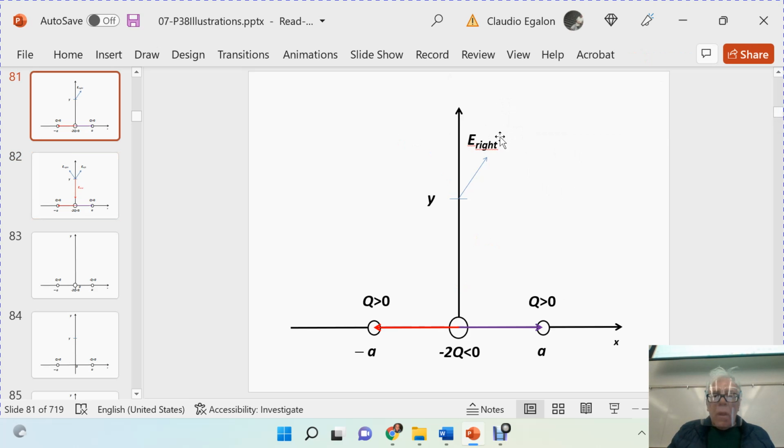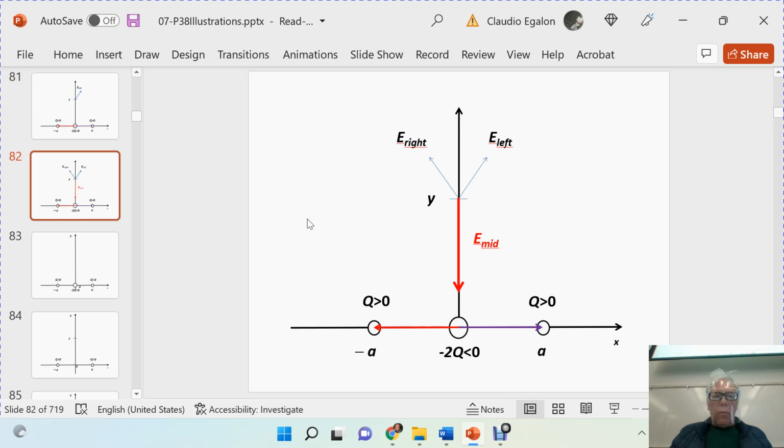Here you go. That's the electric field of the charge on the left. I'm calling it the electric field of the left charge. It's a matter of notation. Make sense? Left charge, right charge. And then the electric field of the right charge, and then the electric field of the middle charge.